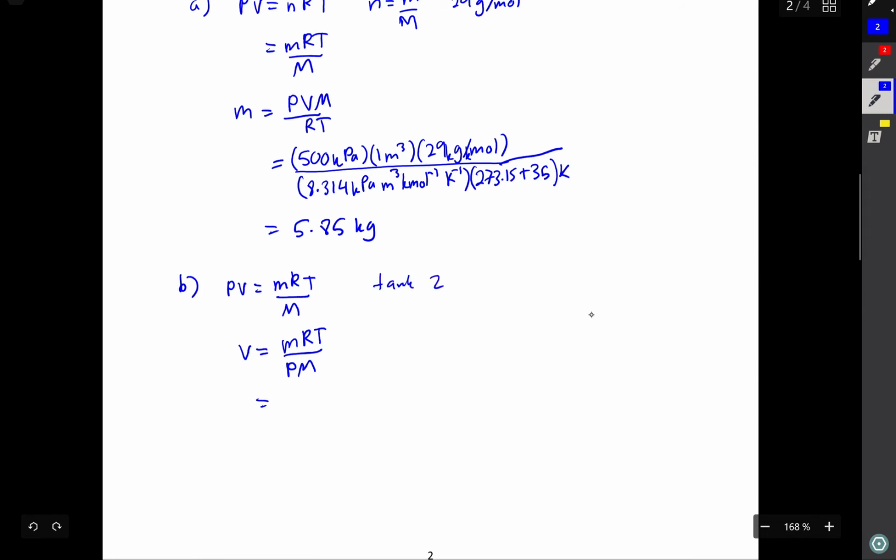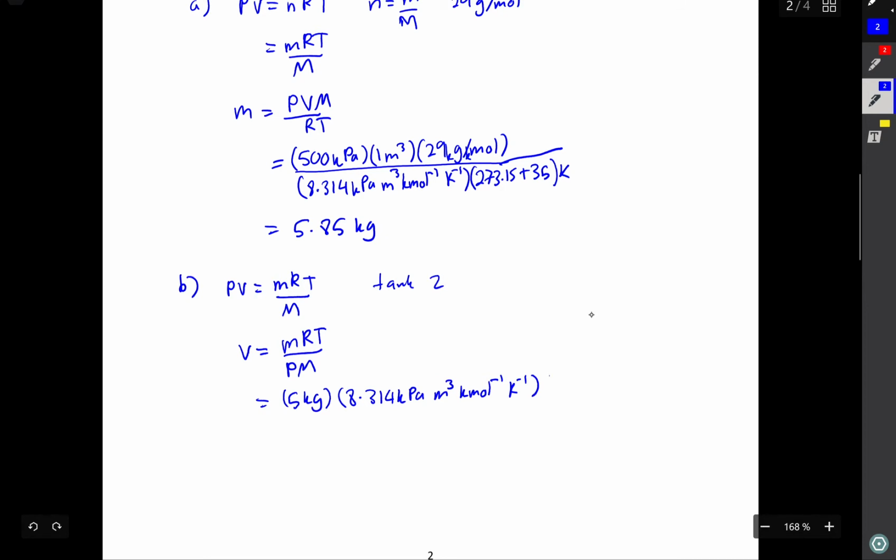Okay, so m is given in the question as 5 kilogram. Remember, it's good practice to write down all the units given. If the unit is not given to you, especially for the constant, you can ask. This one is again given in kilopascal meter cube per kilomole per Kelvin.